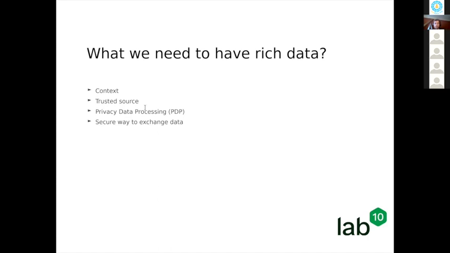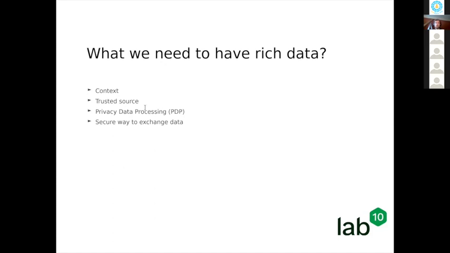And then the privacy data processing, so everything related to consent, so that you can be sure that you received the data from someone, and you're allowed to use those data in a specific context, and the user actually agreed that he wants to give away those data.